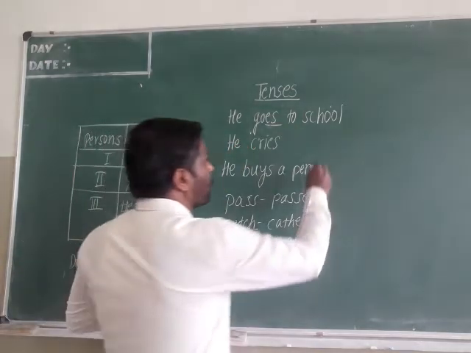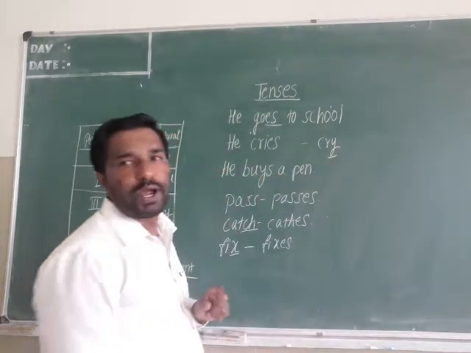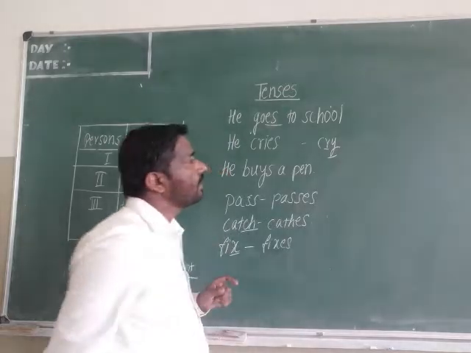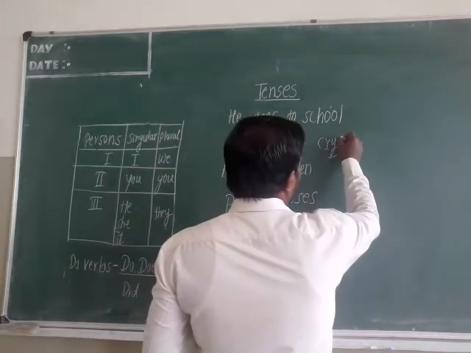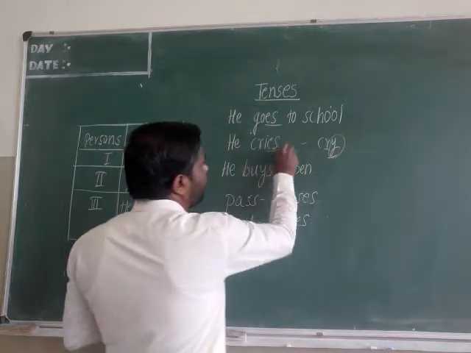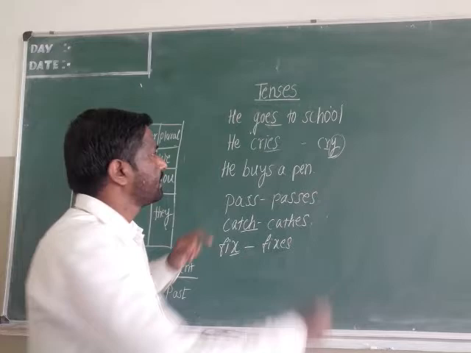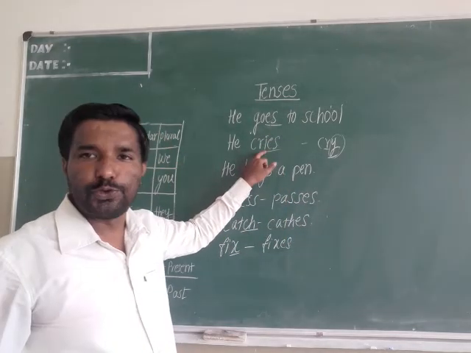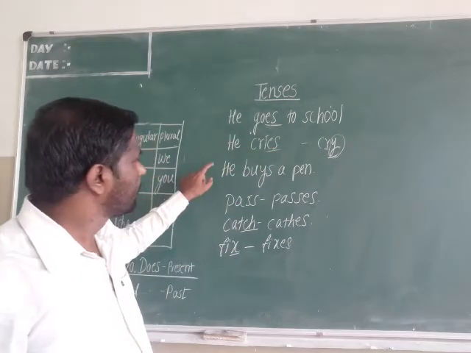And the verb ended with Y but preceded by a consonant letter. For example, word cry you take. Ended with Y. But before that, which letter is there? Consonant letter. R is there. Then, in the place of Y, you have to add what? IES. He cries. He cries. In the place of Y, you have used what? IES. Okay.